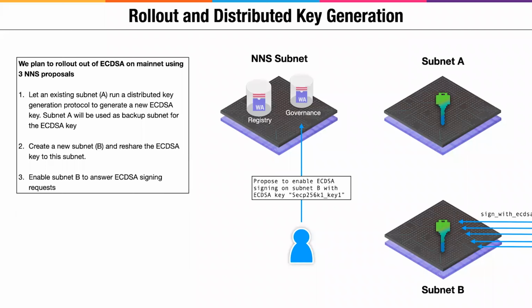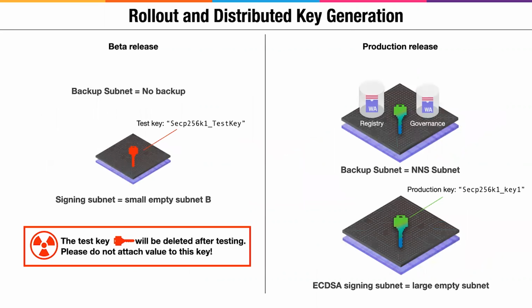Next question by Jordan again. How long will an ECDSA signing request take to complete? Do you have any numbers or throughput per ECDSA subnet, in the sense of signing requests per unit time? I think we don't have very good numbers, or at least to share. One thing to mention is that we really want to do this beta release for testing out things, especially in terms of performance.